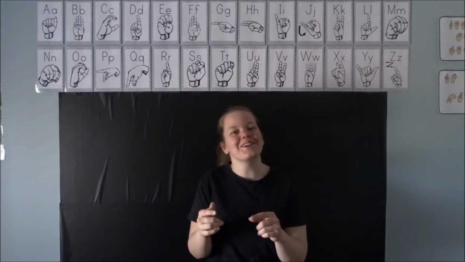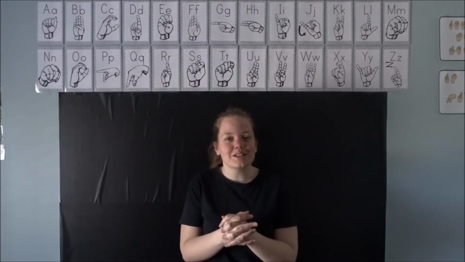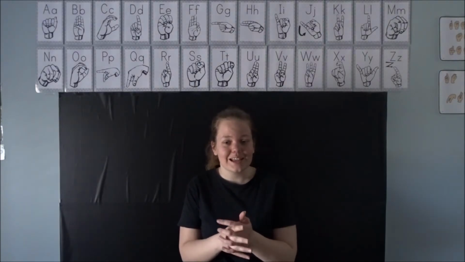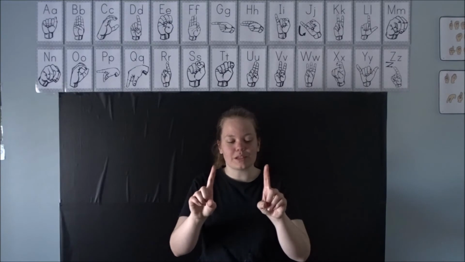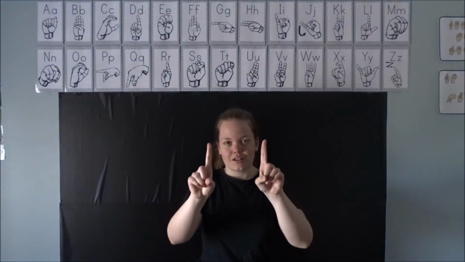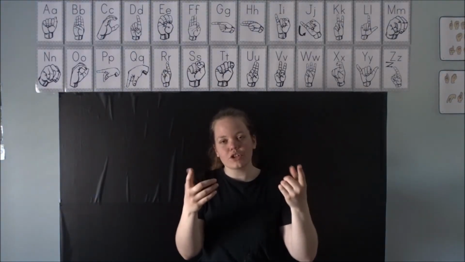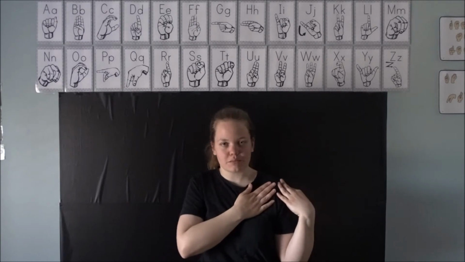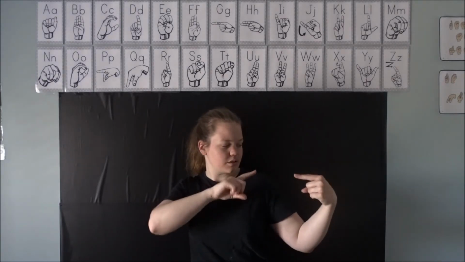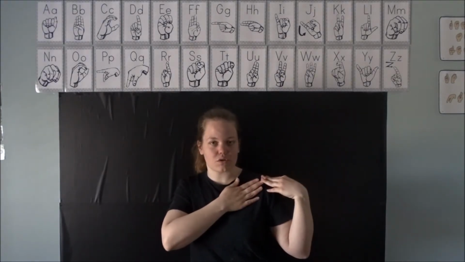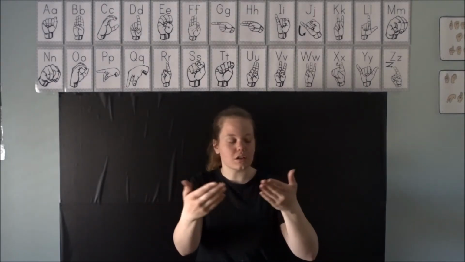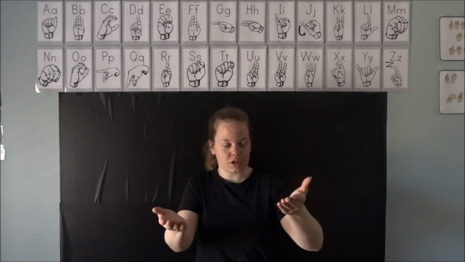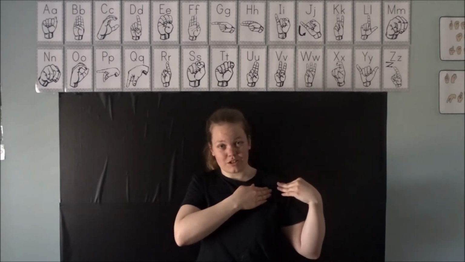Now that we've talked about pain, another way to sign hurt or pain would be to take your pointer fingers, just like that, and wherever you feel the pain. So if I felt the pain in my shoulder, I would do this sign near my shoulder, and that would signify to whoever you're speaking with that this is what hurts.